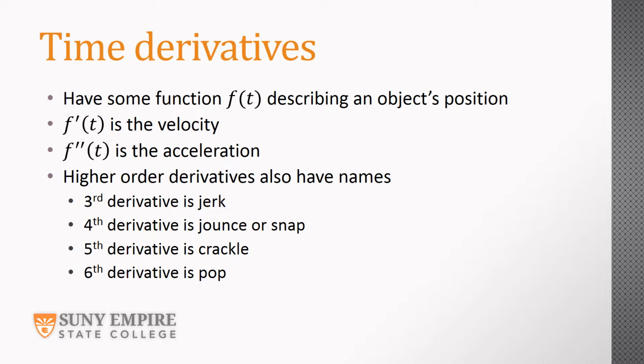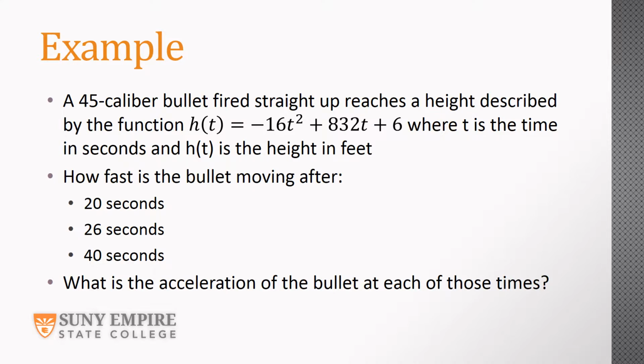Let's see an example. While this is not the most intelligent of things to do, the position of a .45 caliber bullet fired straight up in the air can be described by the function h of t equal to negative 16 t squared plus 832t plus 6.